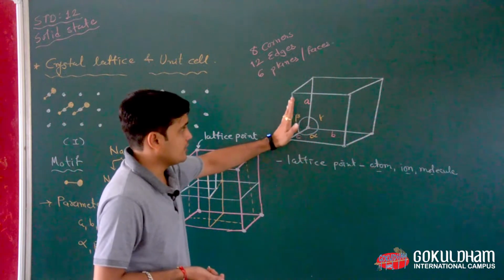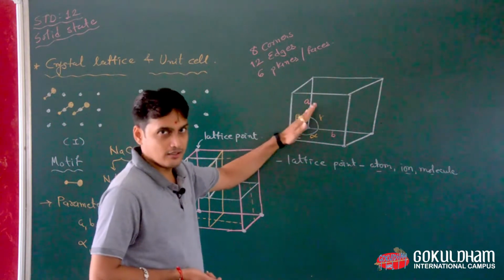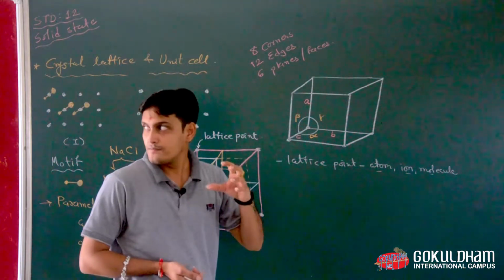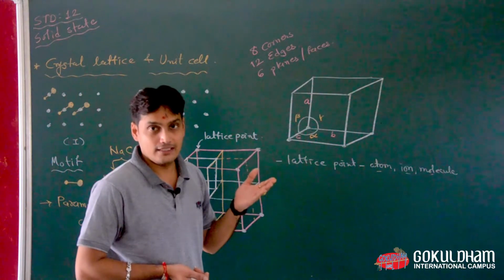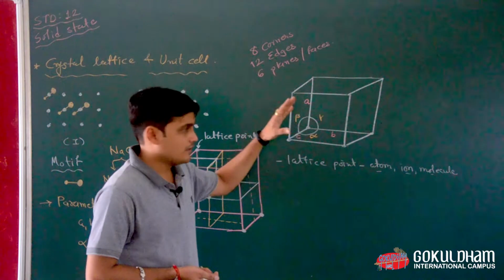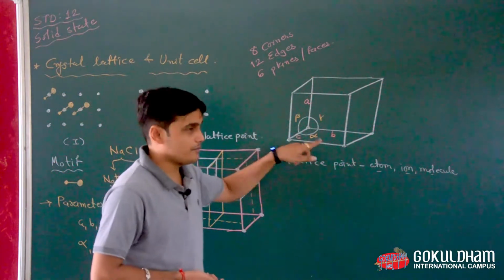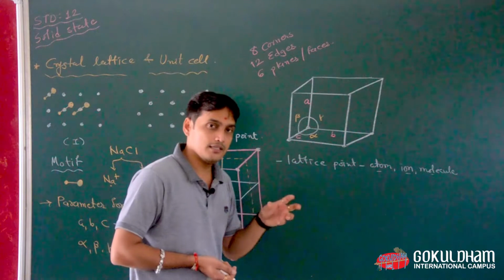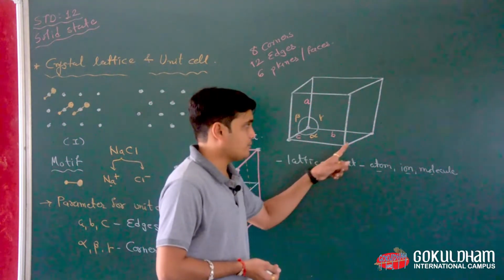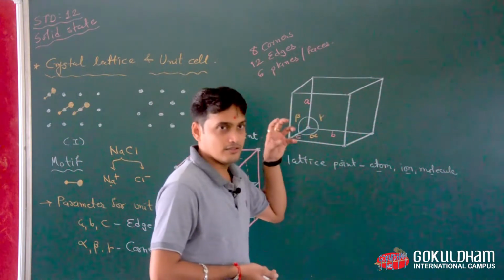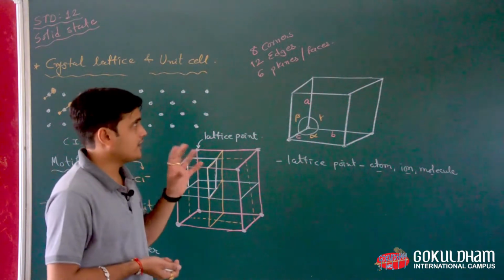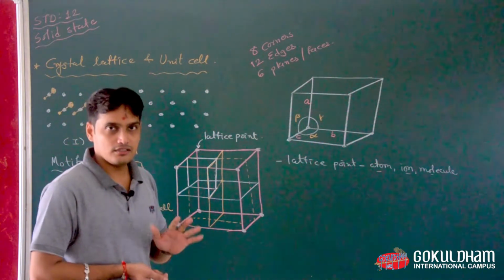There is a possibility of variation of angle, as in the hexagonal shape. Suppose the angle between two edges increases to 120, and in another the angle is below 90. So the lines may or may not be perpendicular to each other. But when you connect these lattice points by lines, you will see one specific figure, and that figure is known as a unit cell.